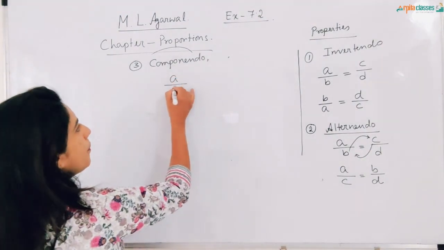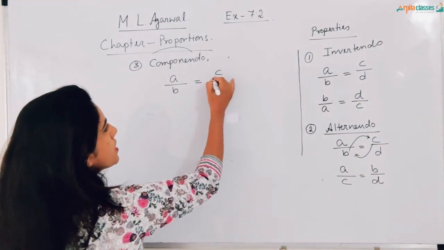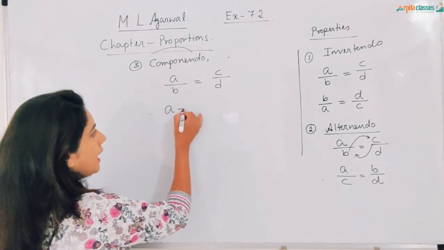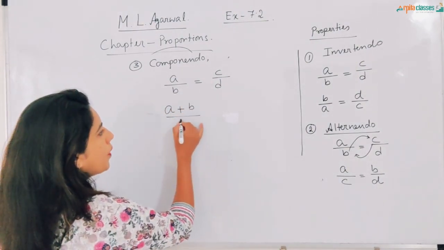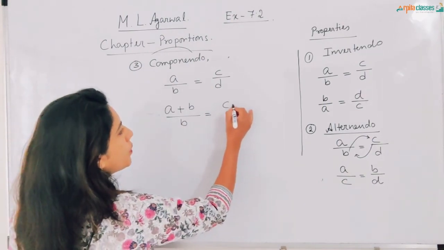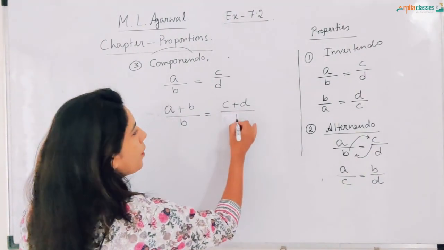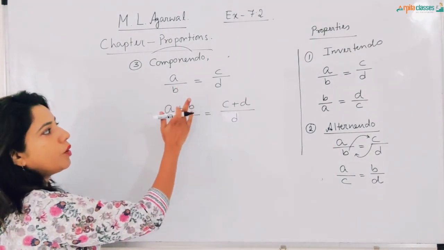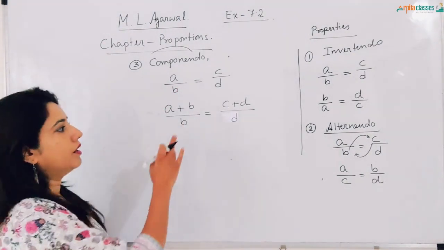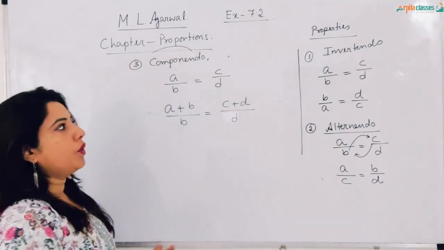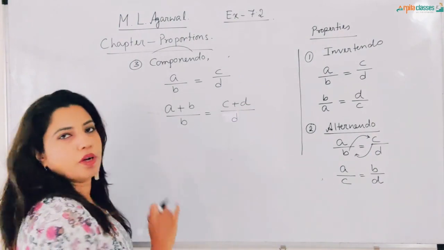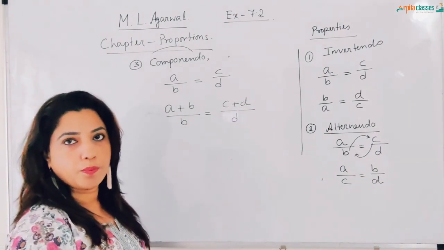We have A upon B is equal to C upon D. We can write A plus B upon B is equal to C plus D upon D. So what did we do? We have just added the denominator in the numerator. So A plus B upon B is equal to C plus D upon D. This is called componendo.